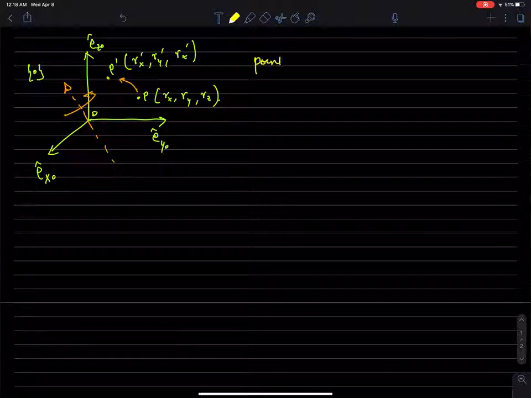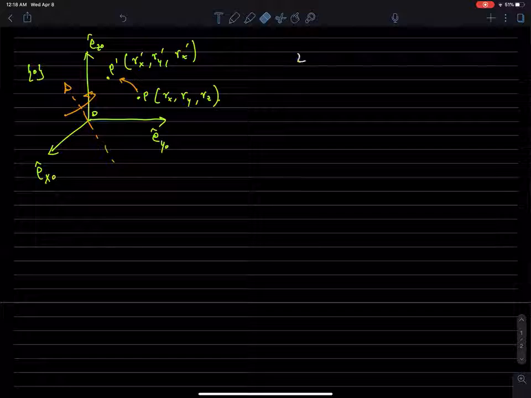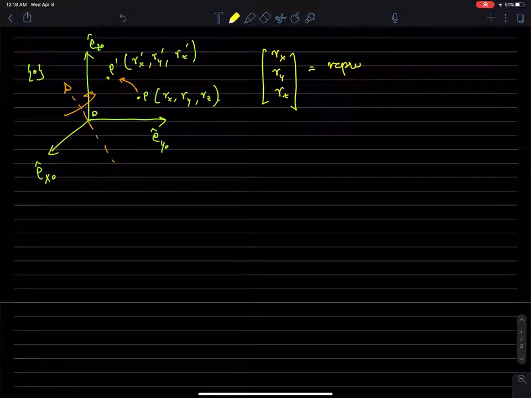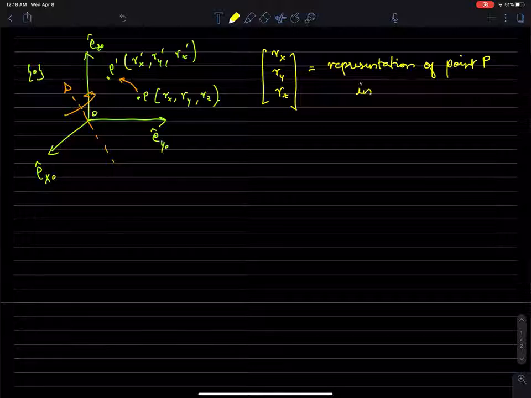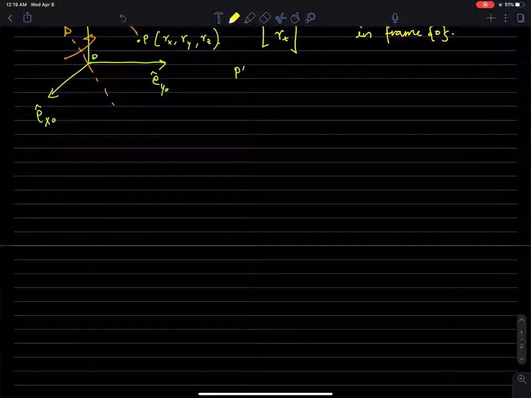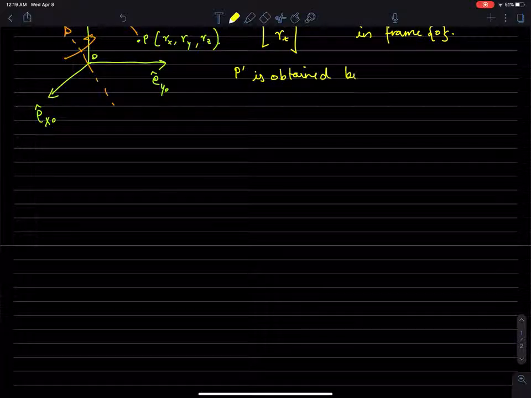Point P, so Rx, Ry, Rz is the representation of point P in frame 0, and P dash is obtained by rotating.